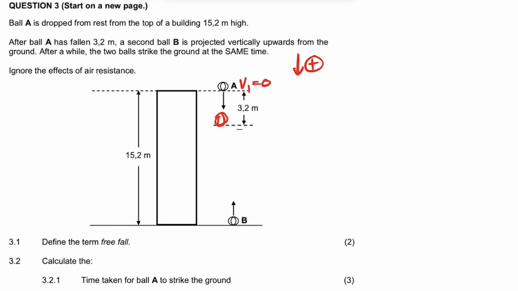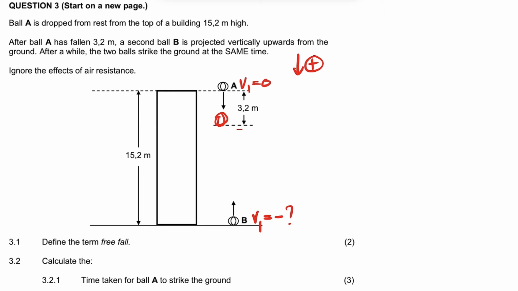Its initial velocity is negative, because we said down is positive, and we do not know it. Then it says after a while the two balls strike the ground at the same time.